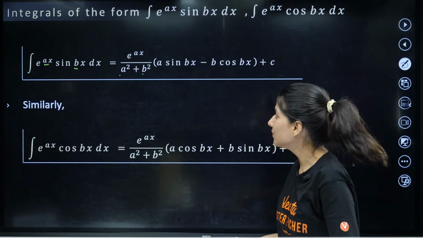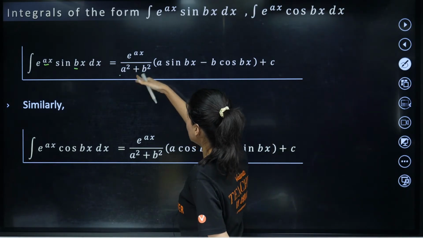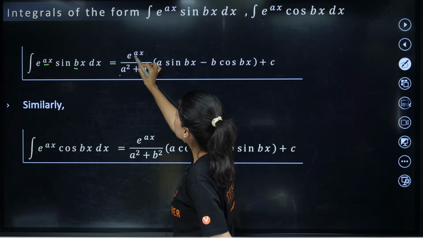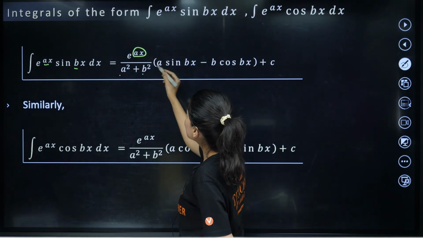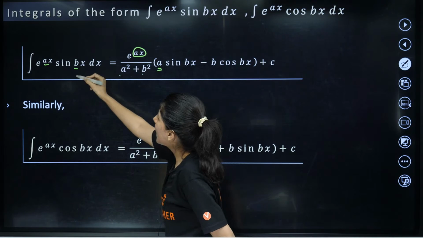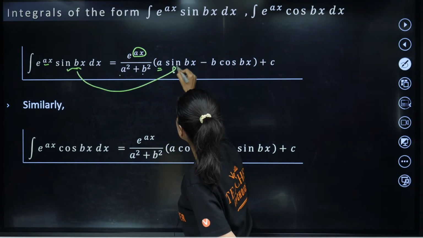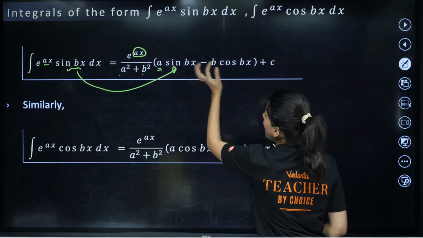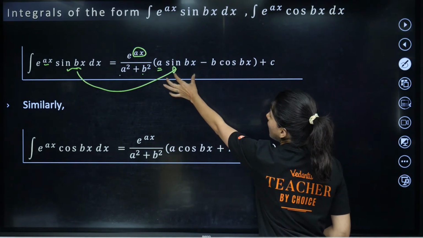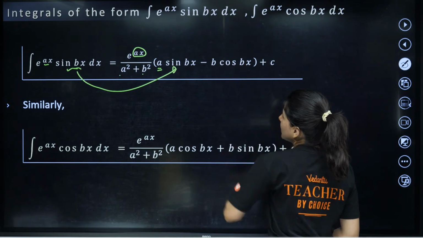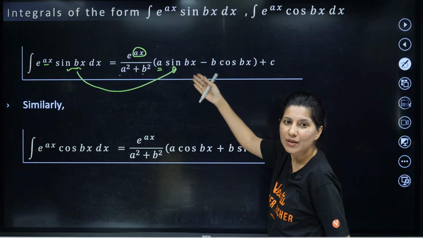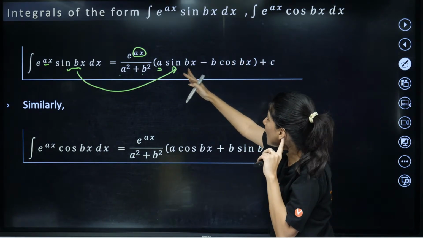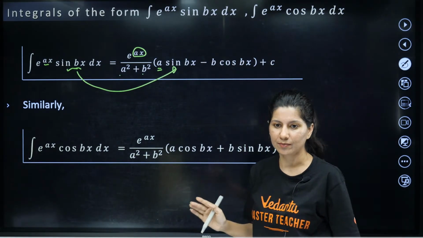Now in the bracket you have to differentiate this. So the derivative of ax is a, and copy sin bx. After that, a minus sign, and differentiate.